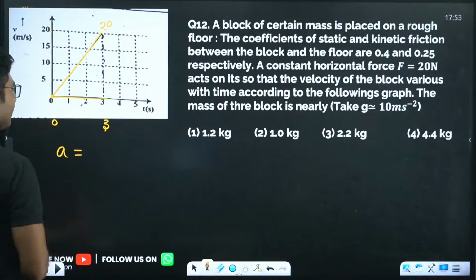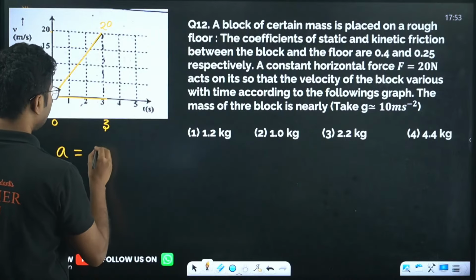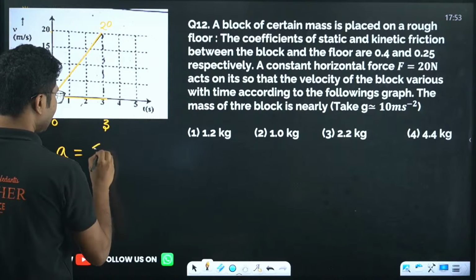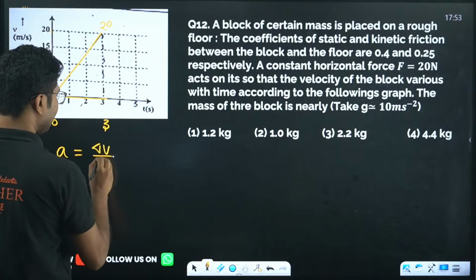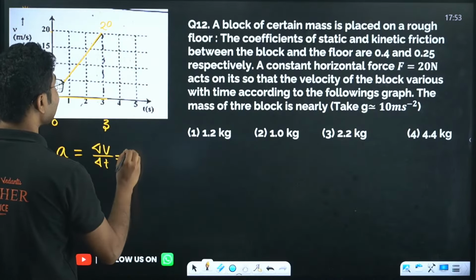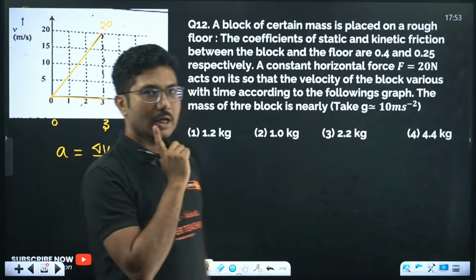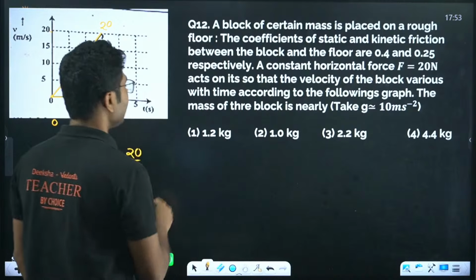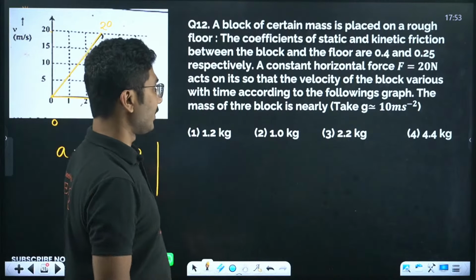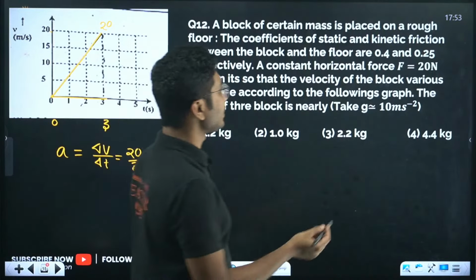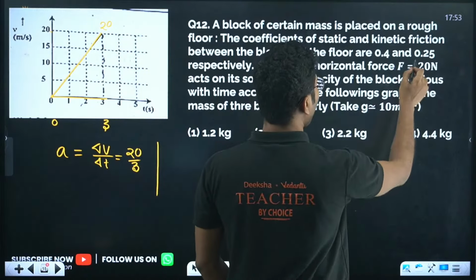The acceleration of the block is change in velocity by change in time, that is 20 divided by 3. So this is the acceleration of the block. Now what is the force acting on it? First of all, the floor is rough. Kinetic friction is given as 0.25.